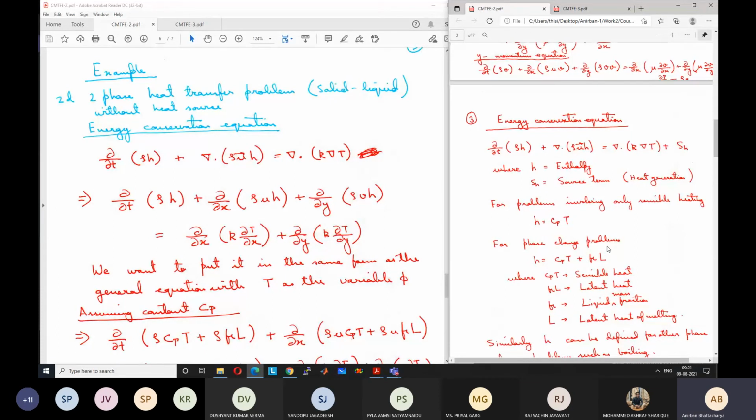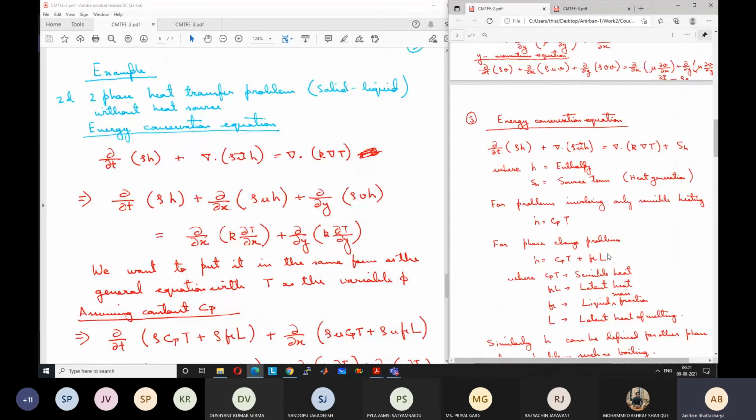So L is how much energy is required per unit mass for melting to occur, and f_l is the fraction of liquid in a control volume. If 50% is liquid, then the extra energy due to latent energy is 0.5 times the total latent energy of liquid.